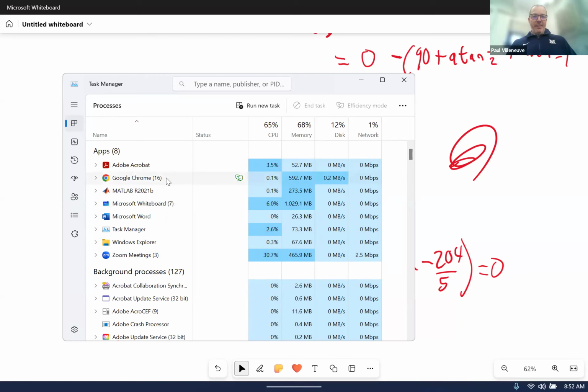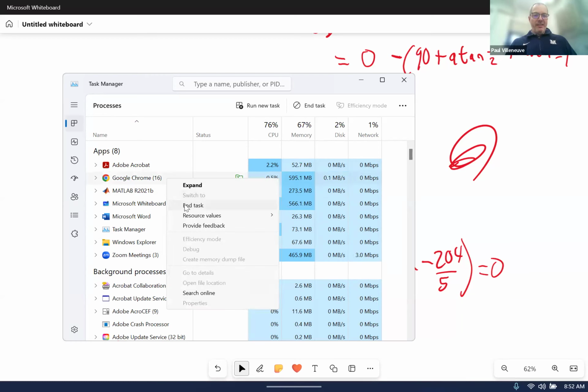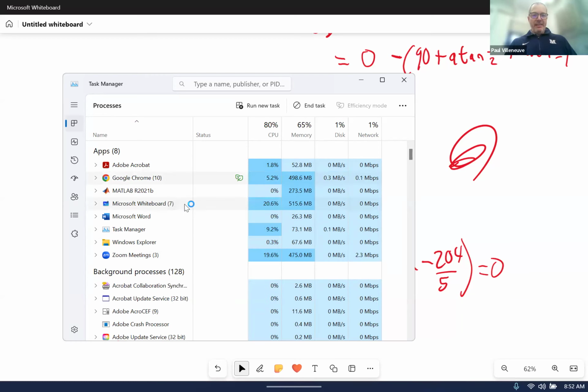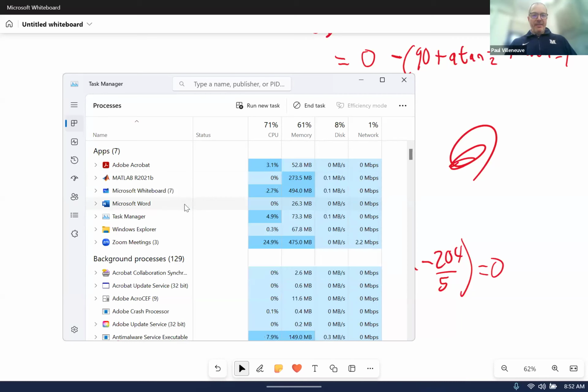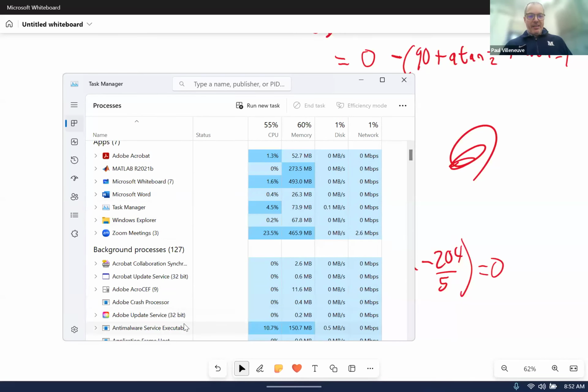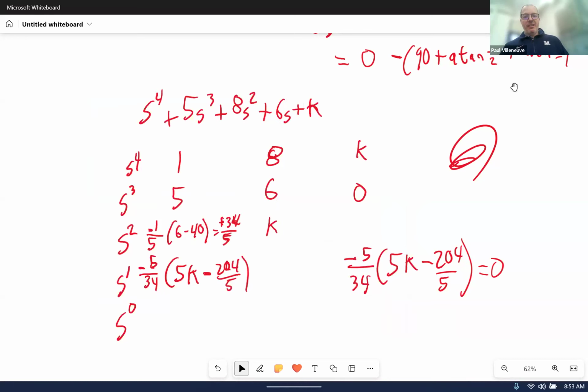I'm going to free up some resources here, but I don't want to end MATLAB. I cleared up a little bit of memory by shutting down a bunch of stuff. But no, it's running antivirus, so it's taking up a fair amount of resources. Let's see if I close up a bunch of things. Now I have 60%. Maybe that'll work out a little bit better.